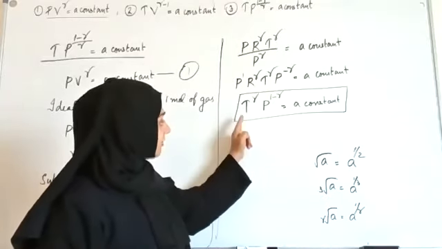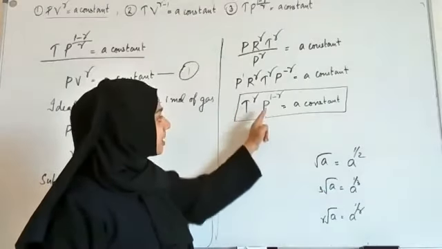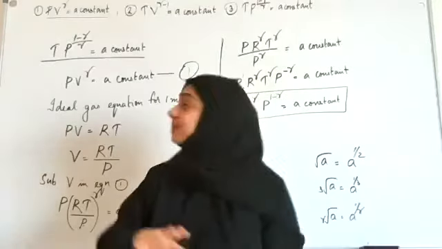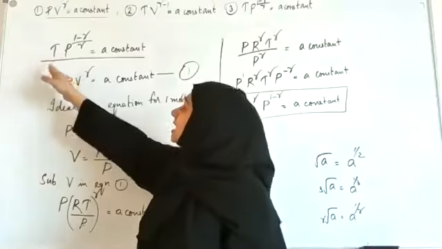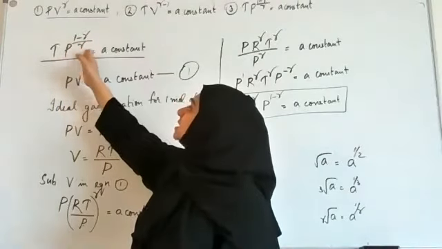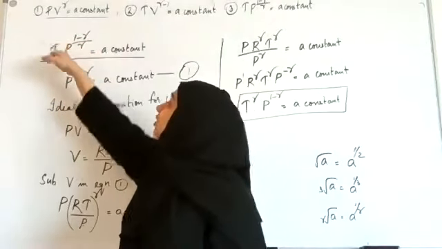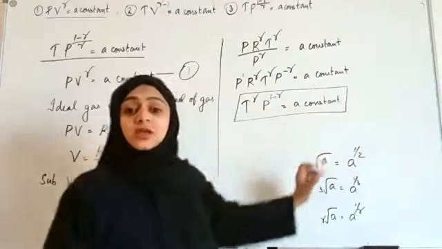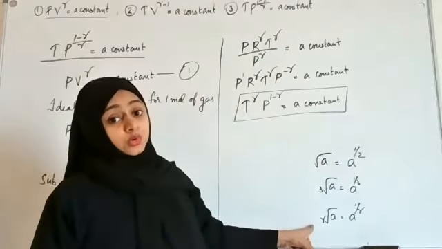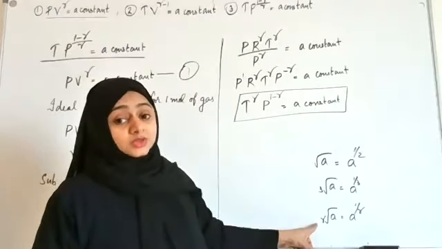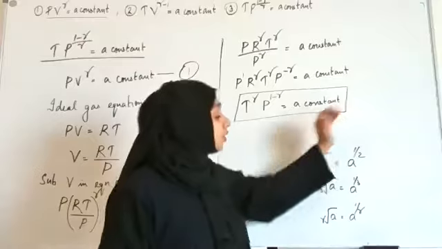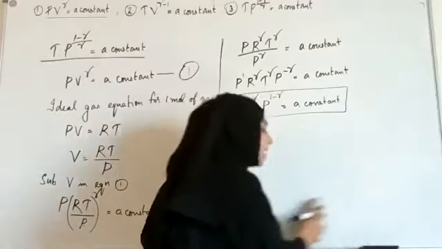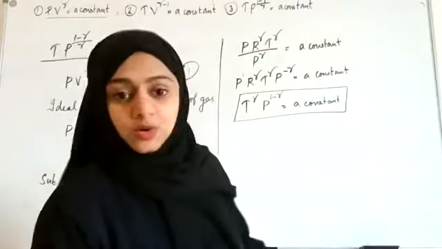Here I have T raised to gamma, P raised to 1 minus gamma. I don't want T raised to gamma because my expression should look like P raised to 1 minus gamma by gamma. So I want only T. So I'm going to take throughout this expression the gamma root, so the gamma root of the whole expression. Don't worry about the constant. Even the gamma root of a constant will be a constant.